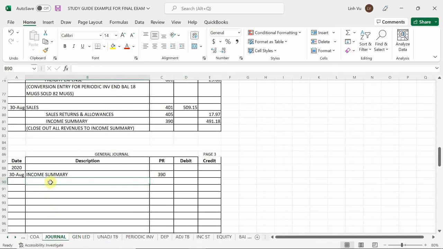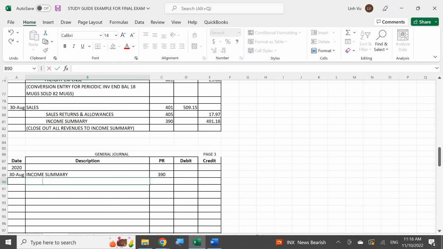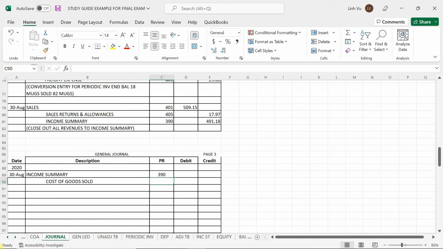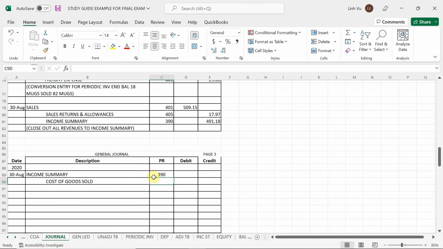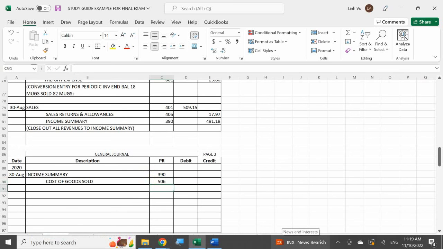I am going to credit my cost of goods sold, account number 506, for a total of 102.50.